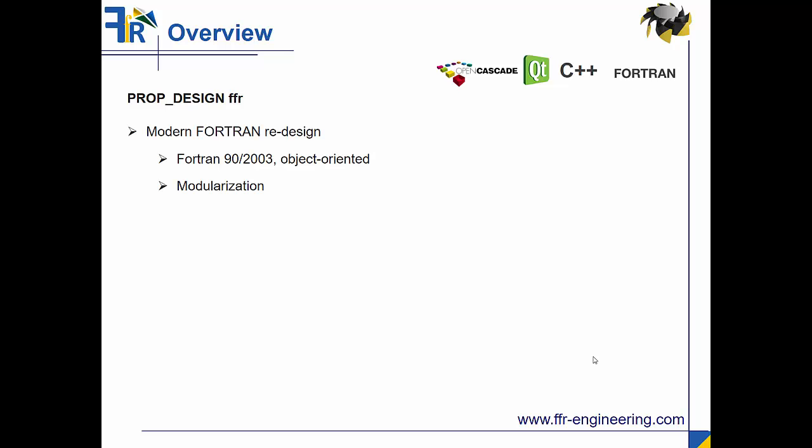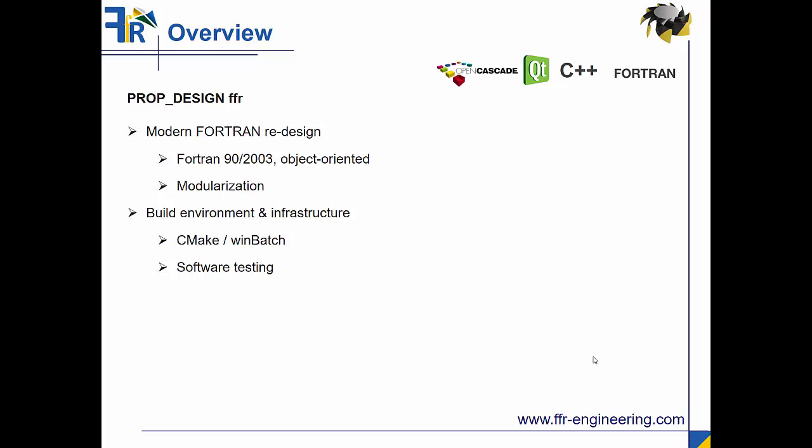First of all, we decided to transform the code into modern Fortran, so Fortran 90, 2003, maybe also 2008. It is partially object oriented, and we now work more with the idea of modules. The original code was written in Fortran 77, and we decided it's time to give the code a new code style in modern Fortran.